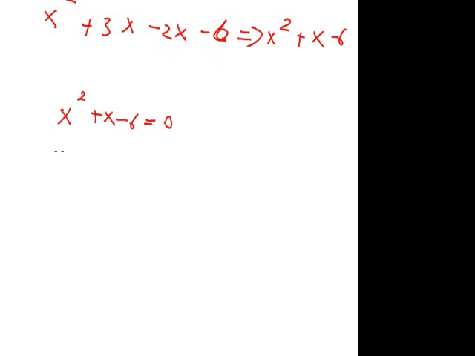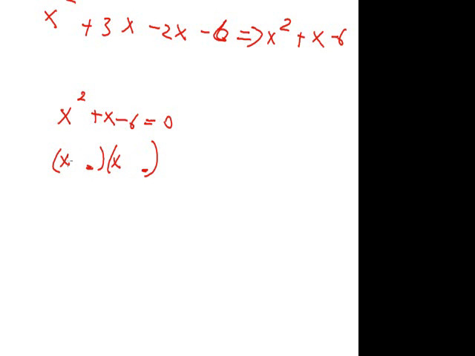Now we know we're going to have two polynomials multiplied together. The first terms multiplied together is going to be x squared, and the only thing that can give us x squared are x and x. So that's good.